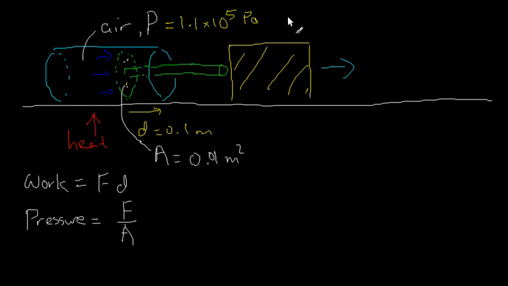Pascal is actually newtons per meter squared. Remember that? So that's the air pressure, a bit bigger than atmospheric pressure, which is close to 10 to the power 5. So it pushes the piston out and moves the object. So with all this information, what can I do if I want to find a force?